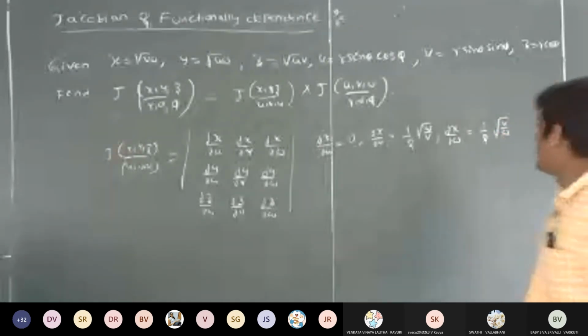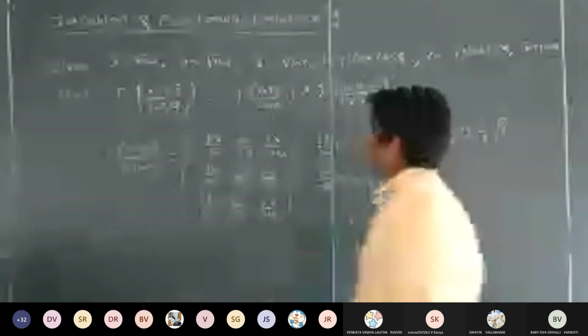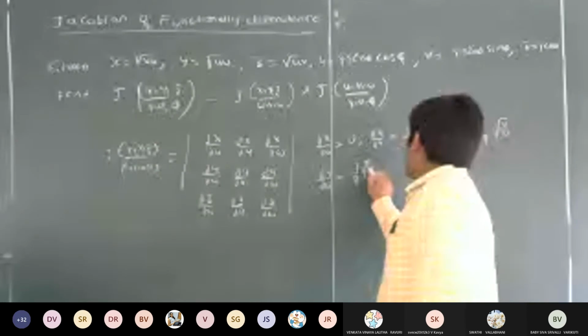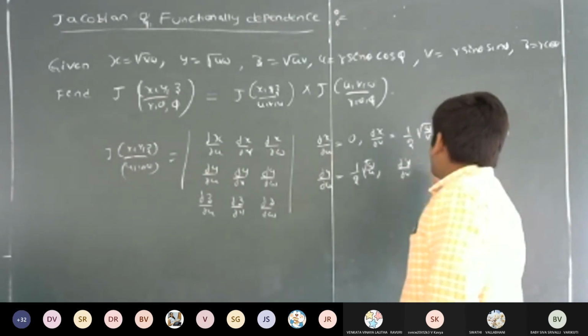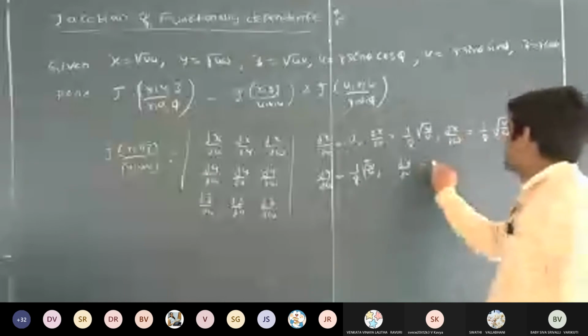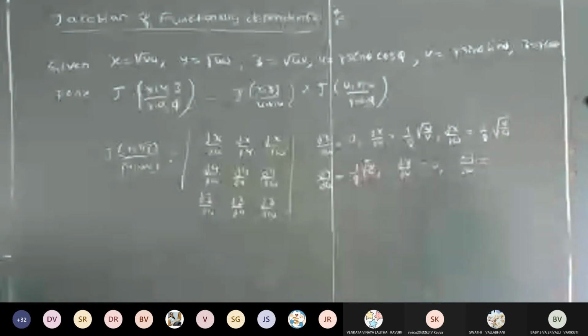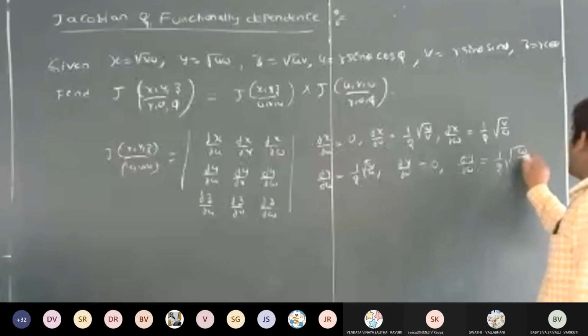Similarly, dou y by dou u is 1 by 2 root w by u. Next, dou y by dou v is independent of v, so it is 0. Next, dou y by dou w is 1 by 2 into root w by u.